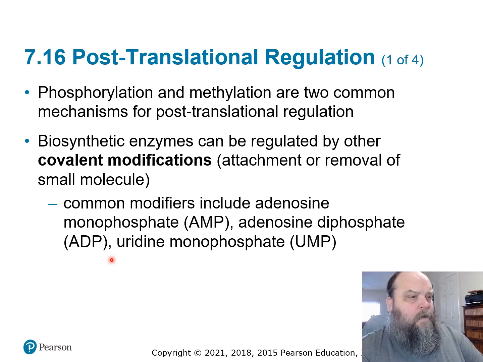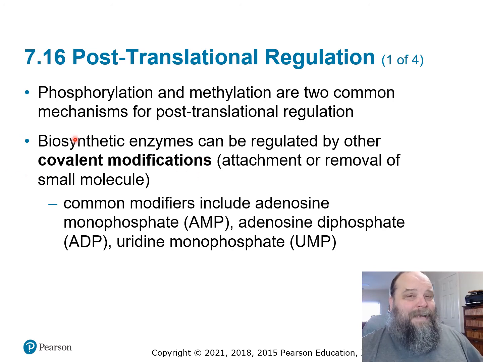Here we have a protein that's made, and you're either going to activate it or inactivate it by changing its shape. Changing its shape not by allosteric means, but by a covalent modification.